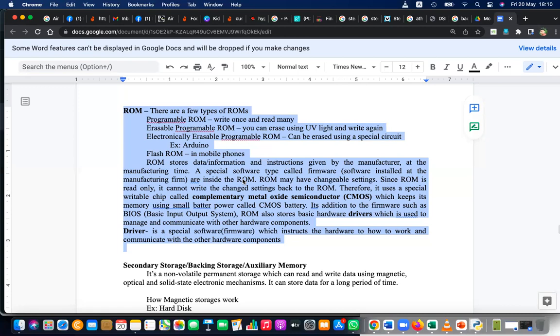That is what happens. Then I said ROM is read only. It performs an operation initially checking all the devices, that is called POST, power on self test. I'll write it here.